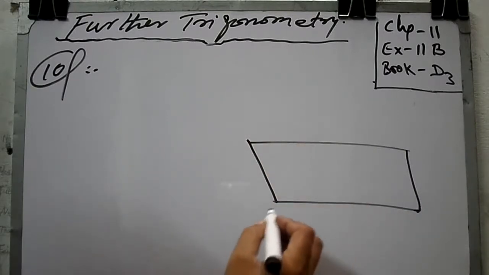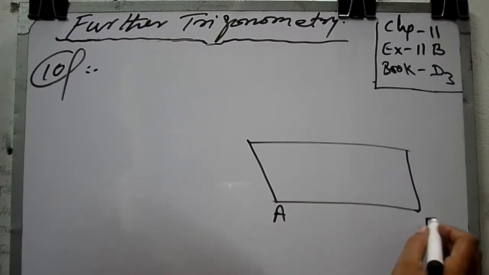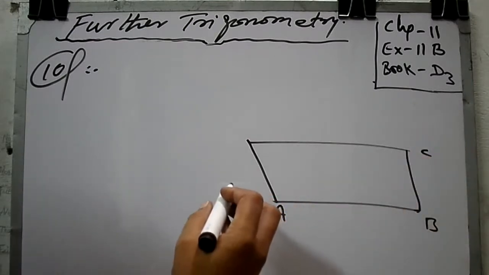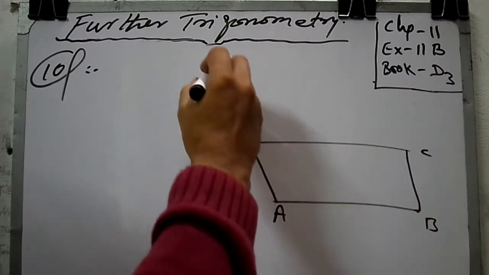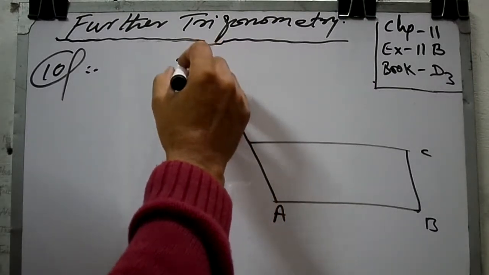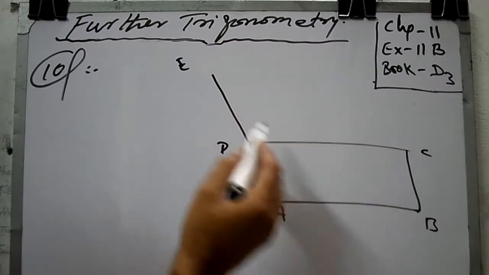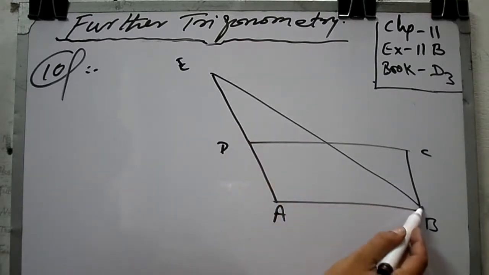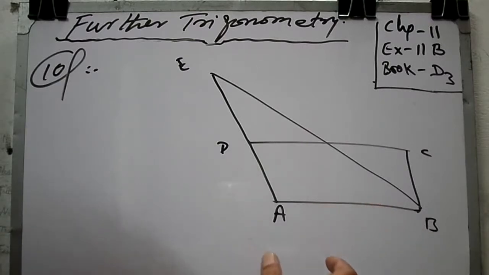So that is your A, B, C, D, and that will be extended up to E, and we join this, because it is given to us in this diagram.